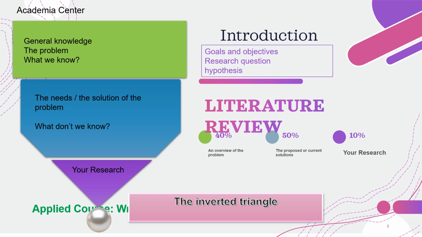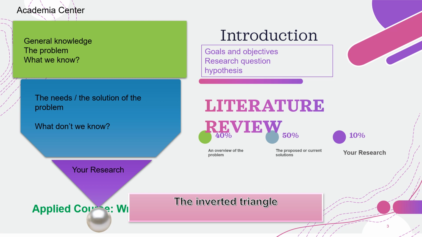We have to draw the whole picture and gradually zoom in to more specific details and more specific problems, pick up the one we are interested in, and then zoom out again and then zoom in again until we finally find a formula to write our introduction and the literature review.